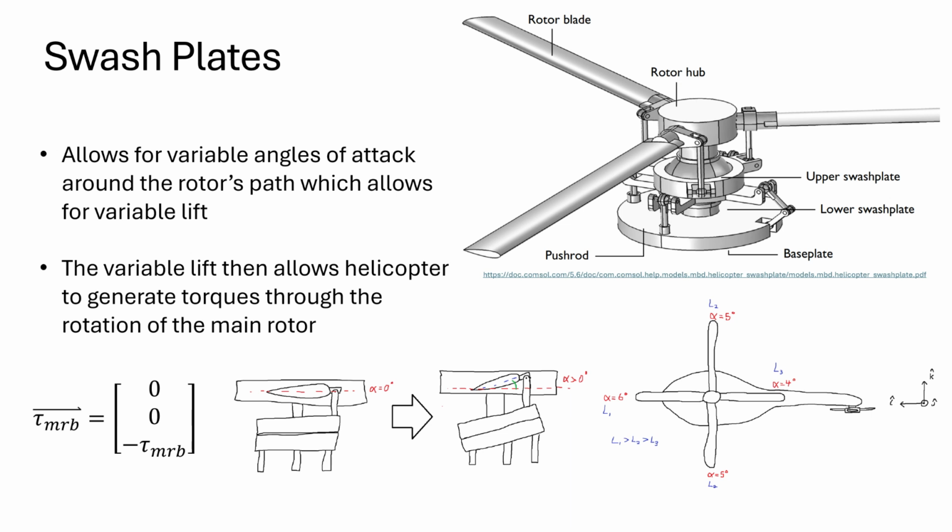Since we can do that, and lift is dependent on angle of attack, we can cause an increased lift in certain points of the rotation to cause a lift imbalance, which then allows us to generate a torque so that we can cancel out the torque from the tail rotor. So that's essentially what the swash plate is and why it allows us to generate a torque that is very helpful in canceling out the tail rotor.